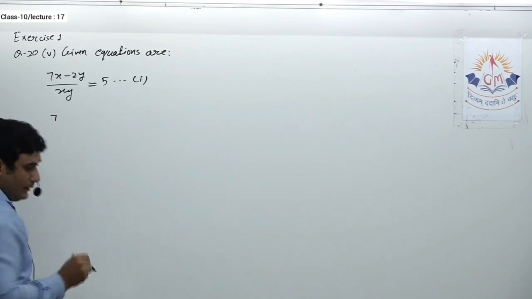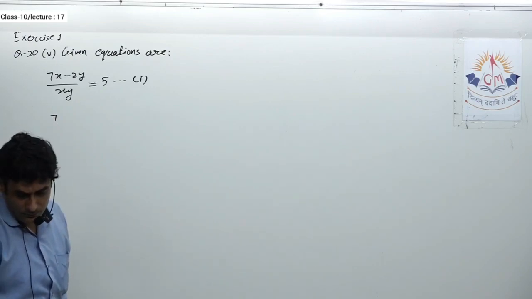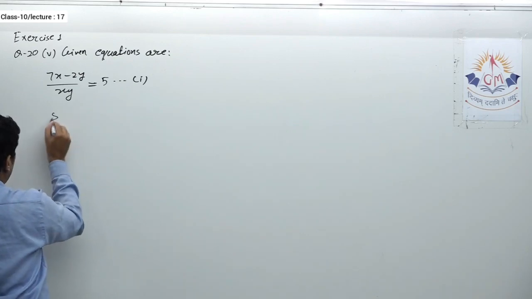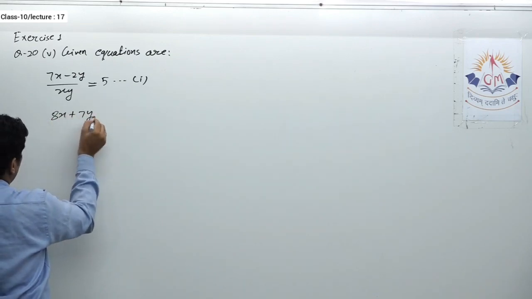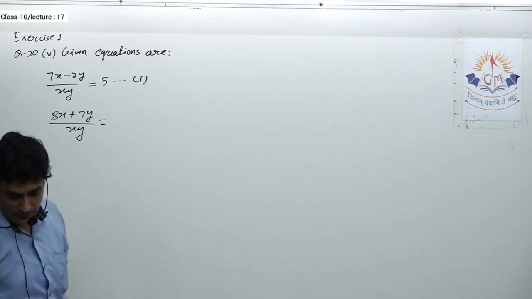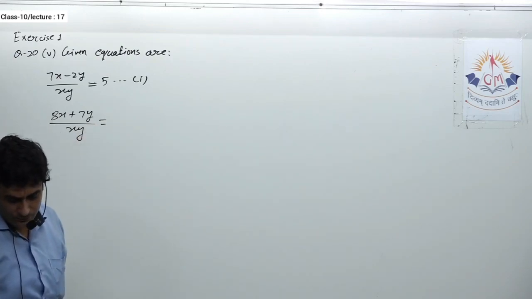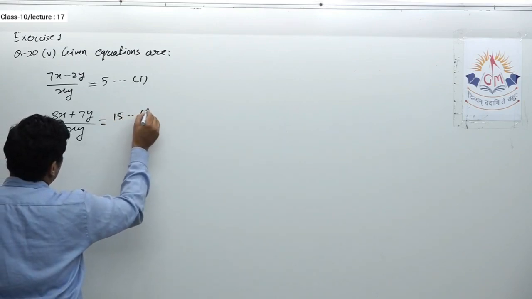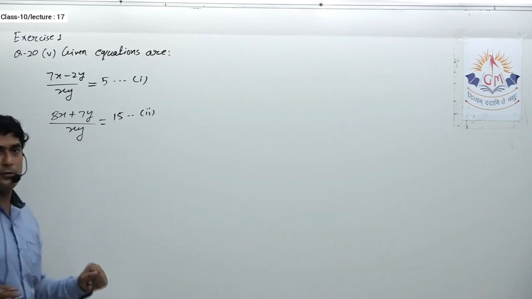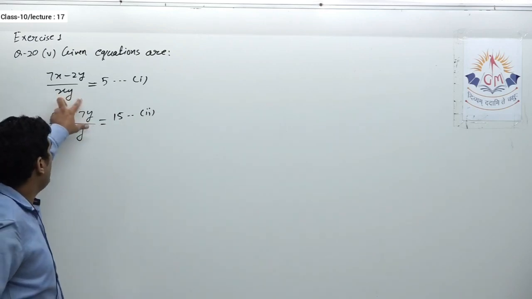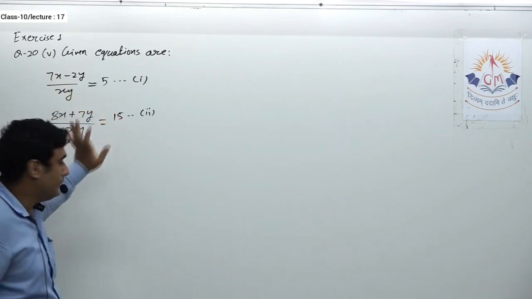Then next is 8x plus 7y upon xy is equal to 15. Again, if you observe over here, it is given x should not be equal to 0, y should not be equal to 0, because then the denominator becomes 0, so it won't be a fraction.